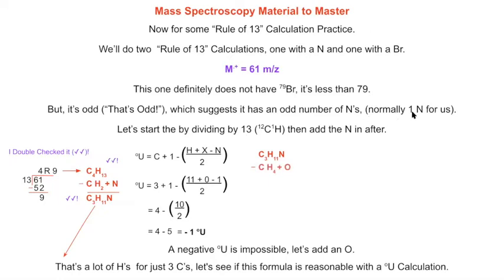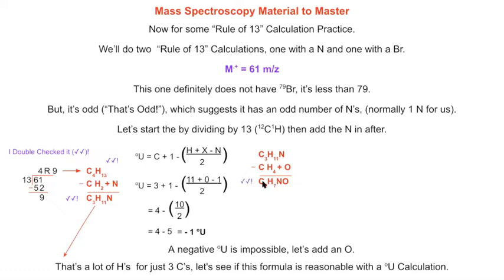I saw some people say add a nitrogen. You could try adding another nitrogen, but you'd have to add 2 more nitrogens because you need an odd number of nitrogen. So I'm going to add an oxygen. Oxygen weighs 16, so I'm going to subtract CH4 and get C2H7NO.